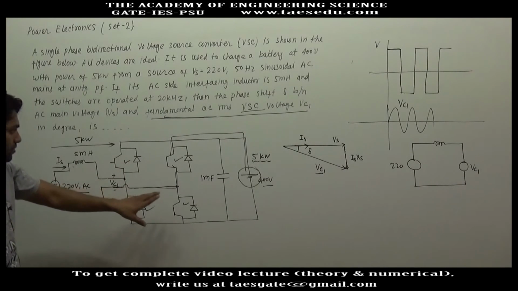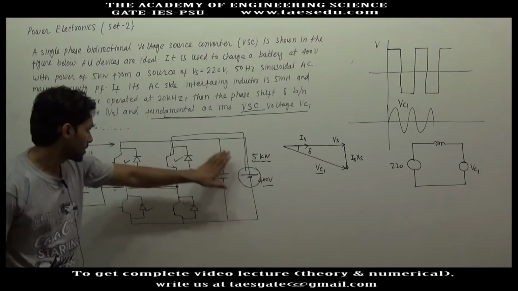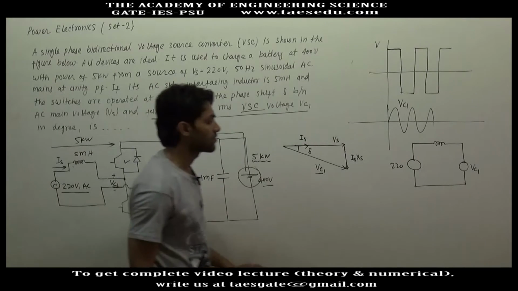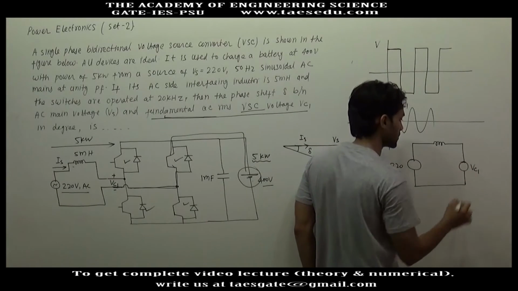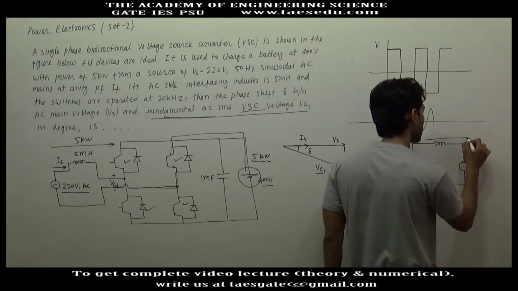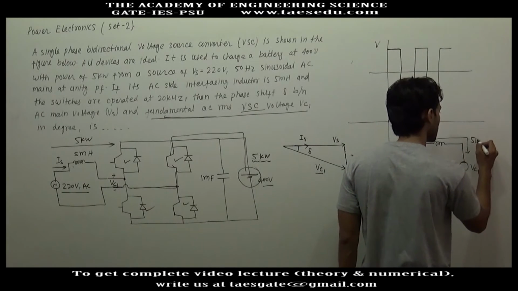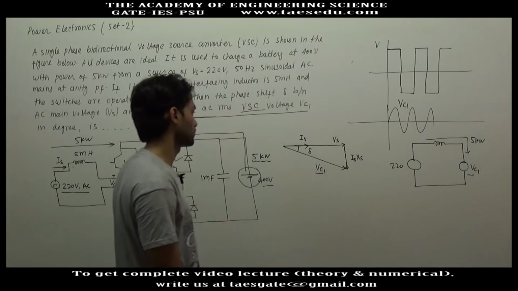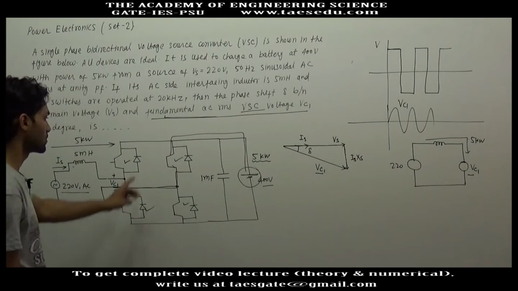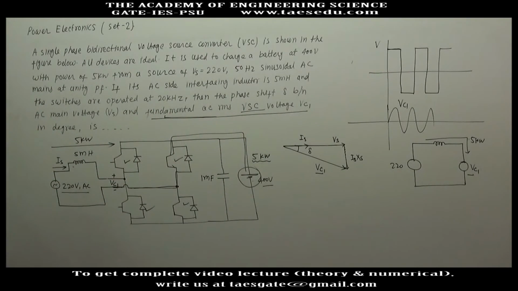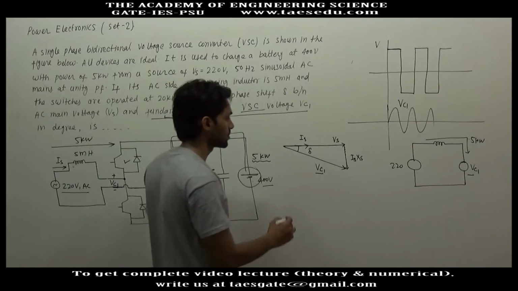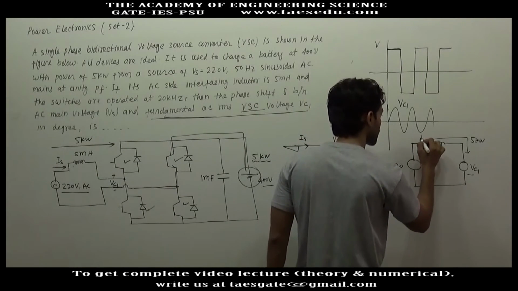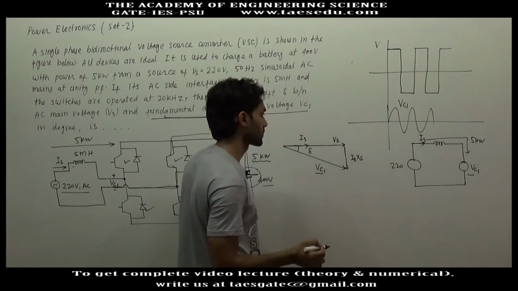Now instead of this 400 volt and all these switches, I have just connected one AC voltage source. So obviously 5 kilowatt power will go into this voltage source, because switches are ideal, so switches will not take any power. And in the phasor diagram, the source current Is is shown with the source voltage.